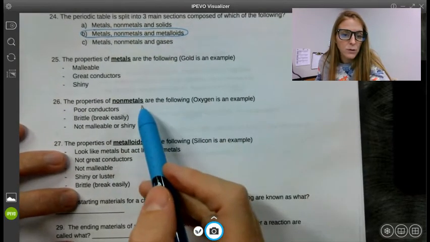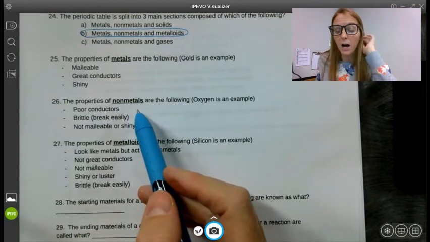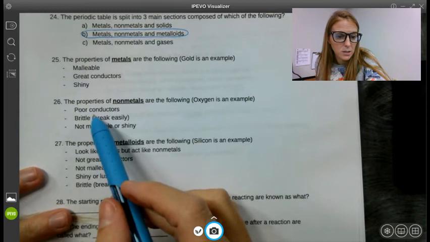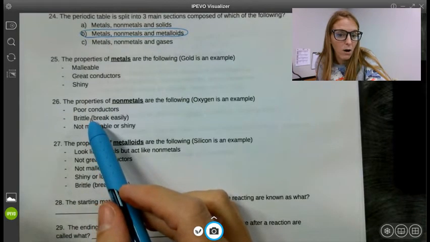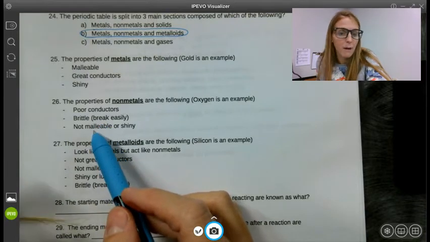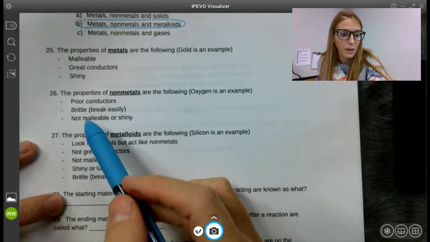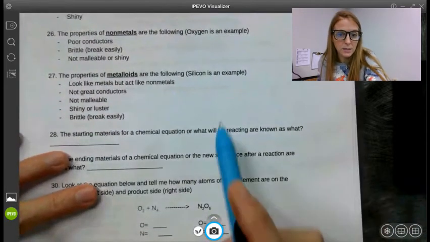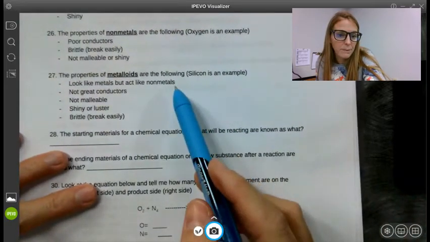Properties of nonmetals. An example of a nonmetal would be oxygen. So it's a gas. Those are poor conductors. When they are a solid, they're brittle. They can break easily. They're not malleable and they're not shiny. And then metalloids. Silicon is an example.